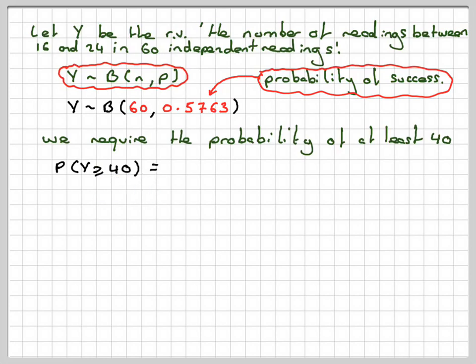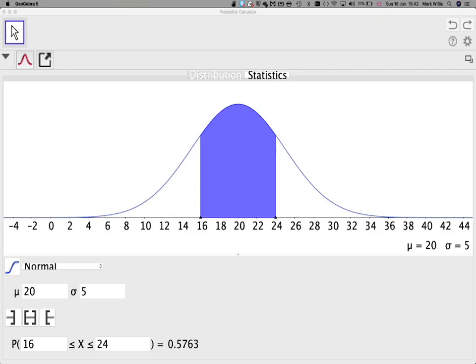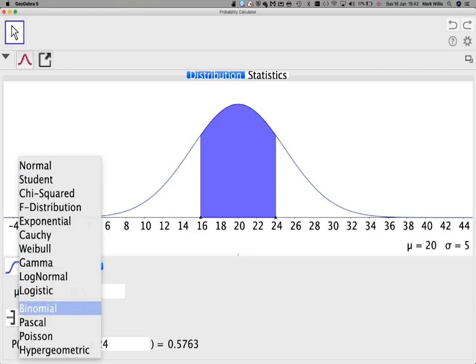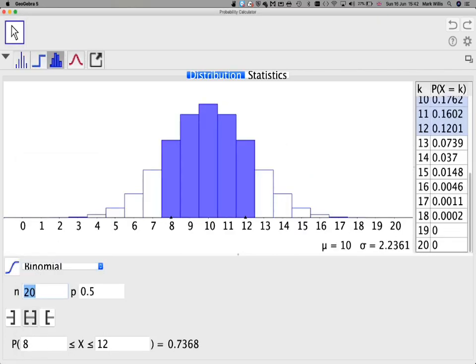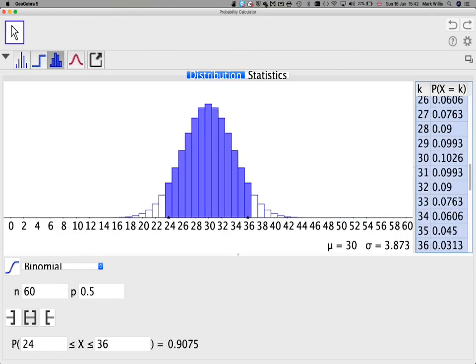So again, going to whatever graphing calculator, I'm going to use GeoGebra. I'm just going to change here now the distribution to a binomial one. Okay, and n is going to be changed to 60, and my probability of success is going to be 0.5763.